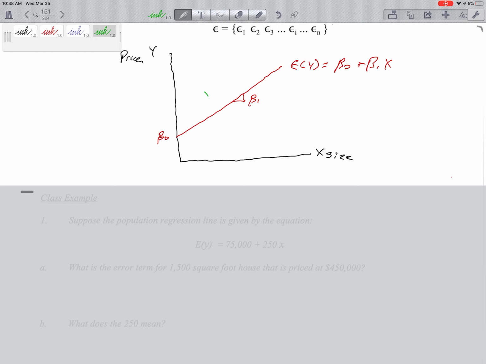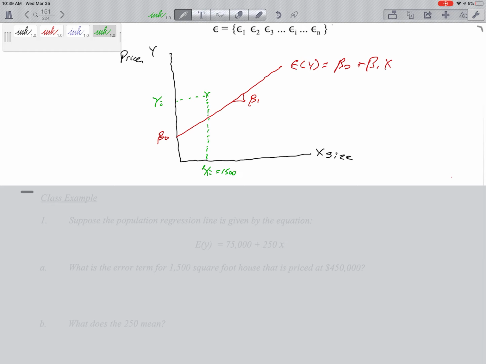But a particular house might be, say, here. And if you take a look at it, it's actually higher. We'll call this xi, so the ith house, and it has a price, we'll call that yi. So the ith house, maybe the 10th house in our list, has a price which is actually higher than the average for that particular size.